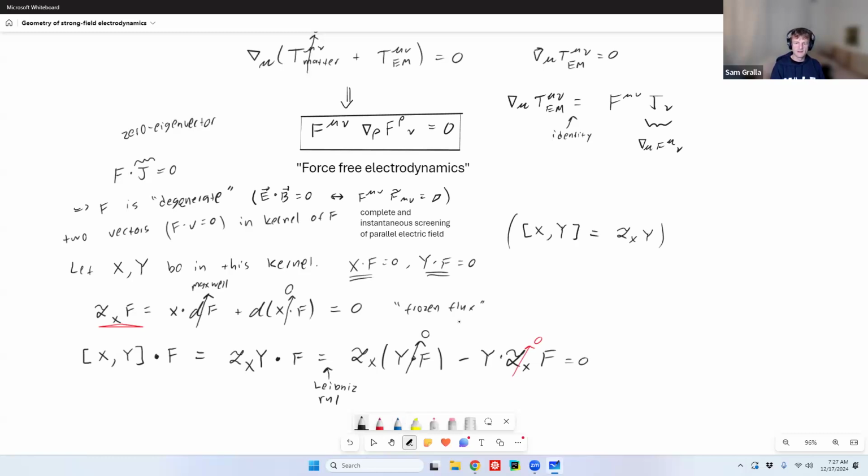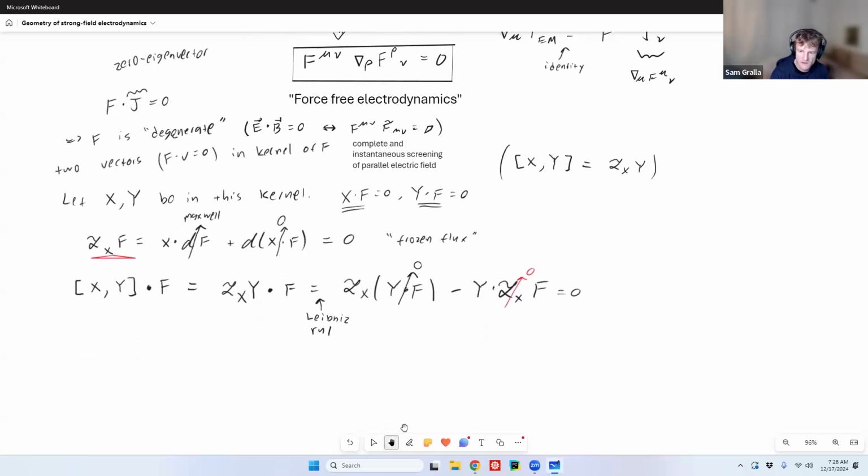Okay, now I'm going to jump back to physics. I hope you enjoyed that little bit of math. There's a really nice interpretation here, but I need one more bit of math before I jump to physics. What I've shown here is that the commutator of x and y is also in the kernel. That deserves an exclamation point, right? I've shown that the commutator of x and y annihilates f in the sense that you dot it in.